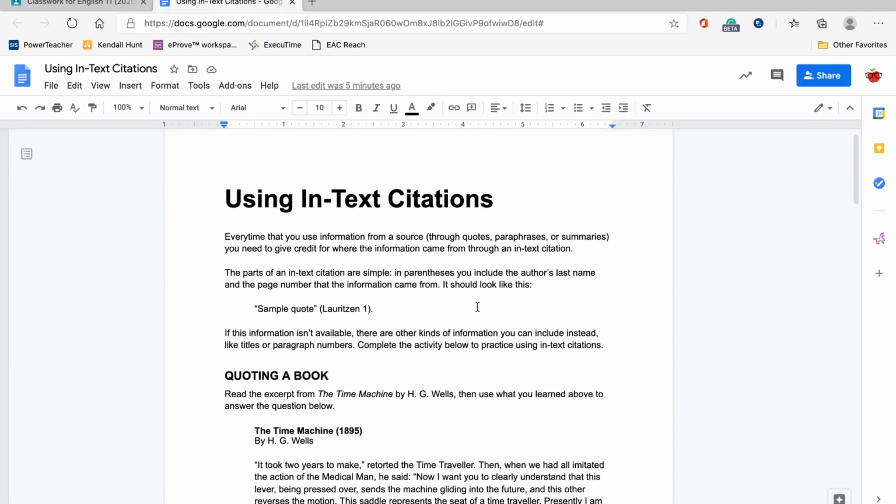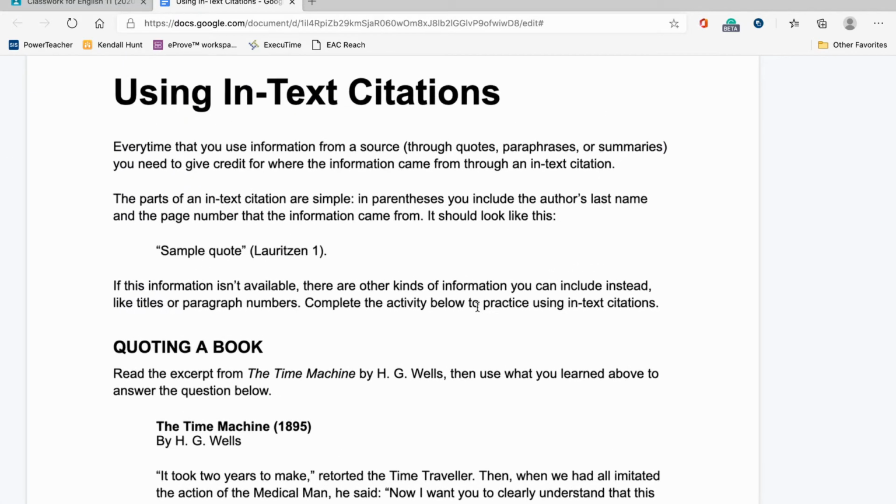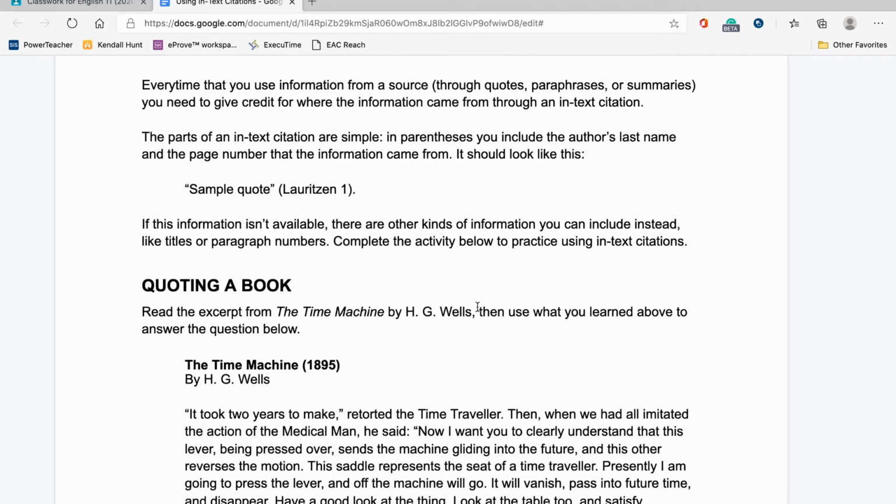A couple things we probably want to know right off the bat: every time that you use a source, whether you're using a direct quote, their exact words, or you're paraphrasing or summarizing and putting their ideas into your words, you still need to include an in-text citation at the end of the sentence where it's at.